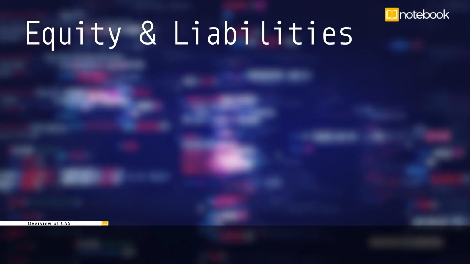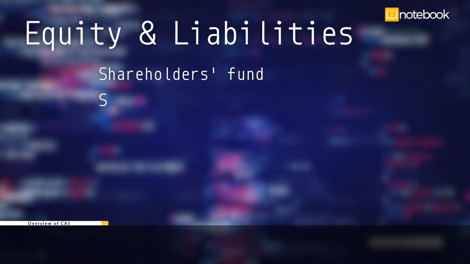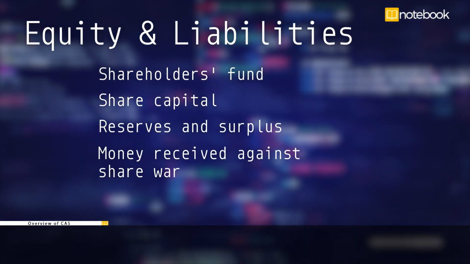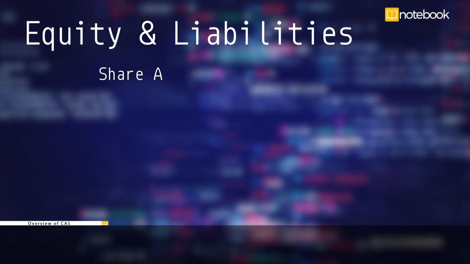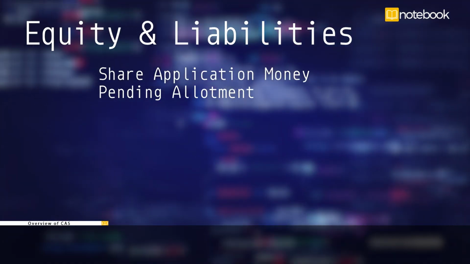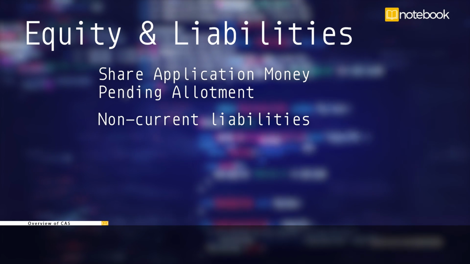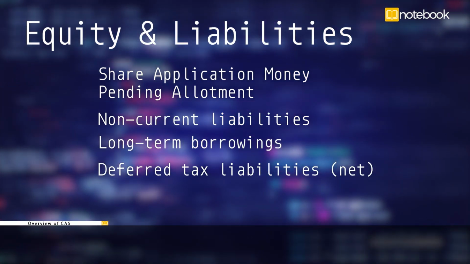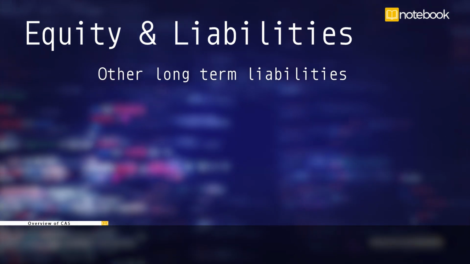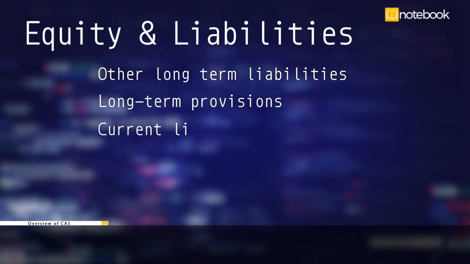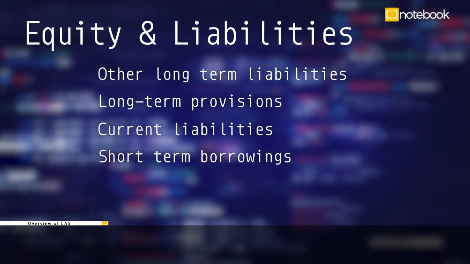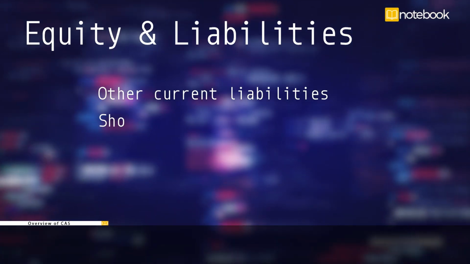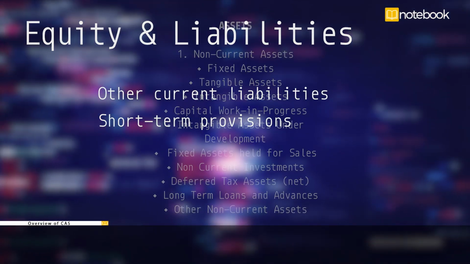Equity and liabilities, shareholders' funds, share capital, reserves and surplus, money received against share warrants, share application money pending allotment, non-current liabilities, long-term borrowings, deferred tax liabilities net, other long-term liabilities, long-term provisions, current liabilities, short-term borrowings, trade payables, other current liabilities, short-term provisions.